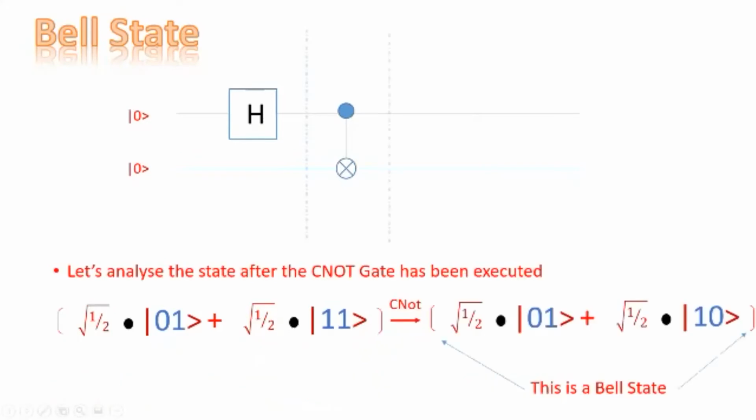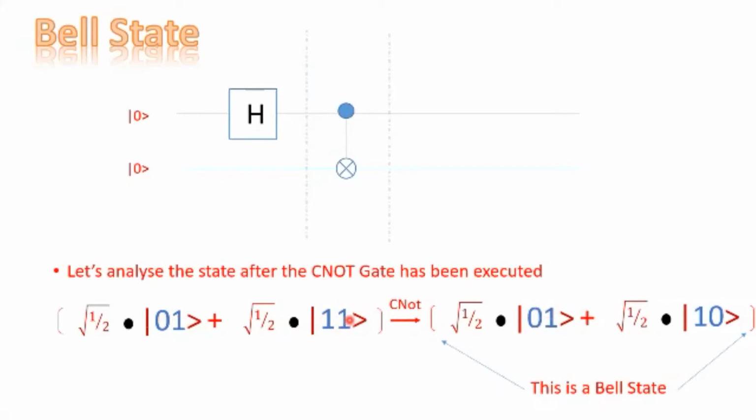So after the Hadamard gate, we look at what we had in the last slide, and again, we look at the first qubit, which is the control qubit, and if that's a 0, then we leave it as is. So this one here is a 0, so we don't flip the second qubit. We leave it as |0,1>.